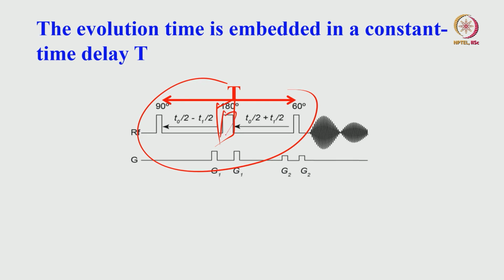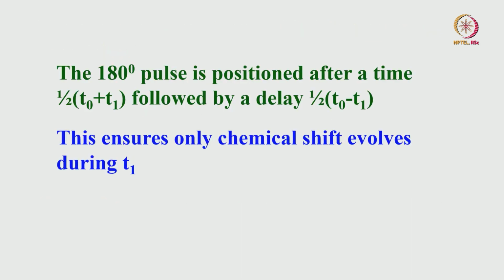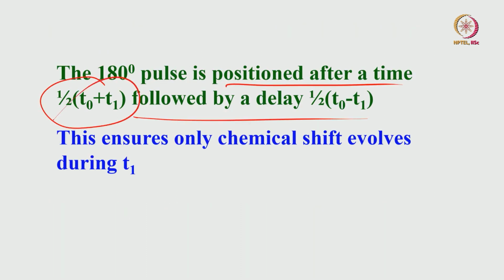You apply the 180 pulse at the center; instead of incrementing t1, you change the position of the 180 pulse, keeping the total period constant. The 180 pulse is positioned after a particular time, followed by this delay. This ensures there is no J modulation, so chemical shift only evolves during t1. This is called a constant time experiment.